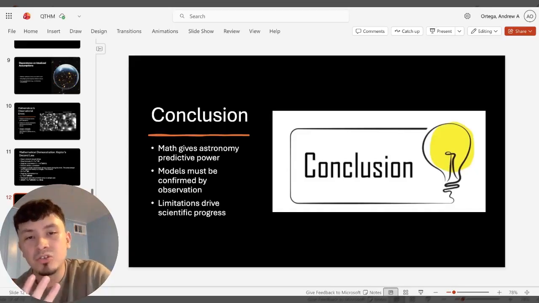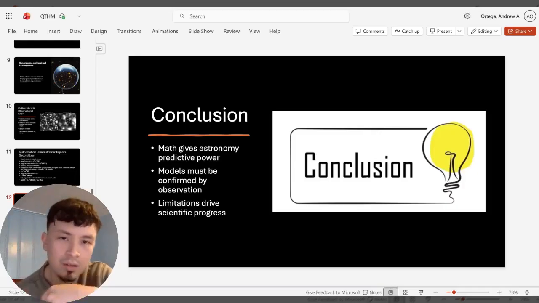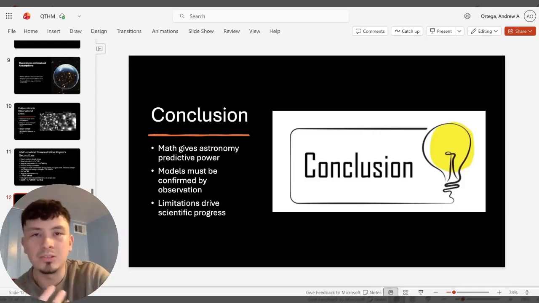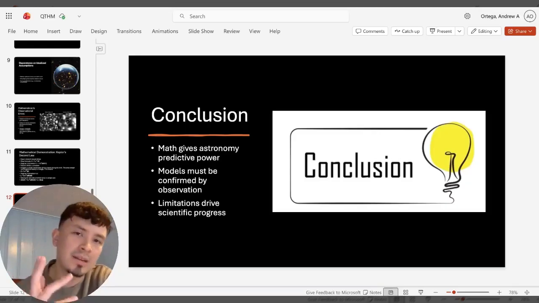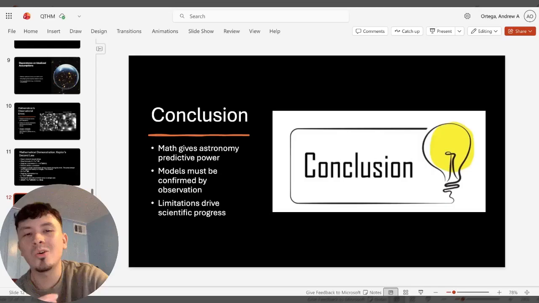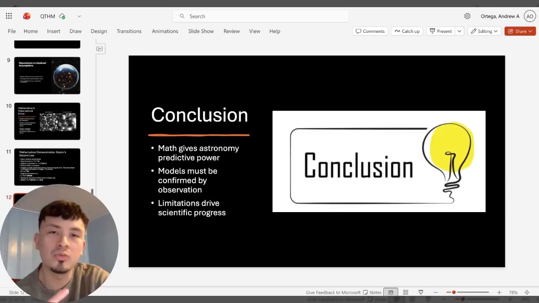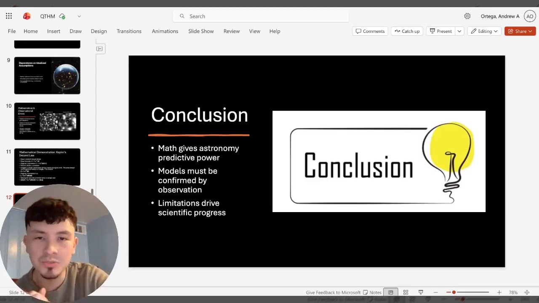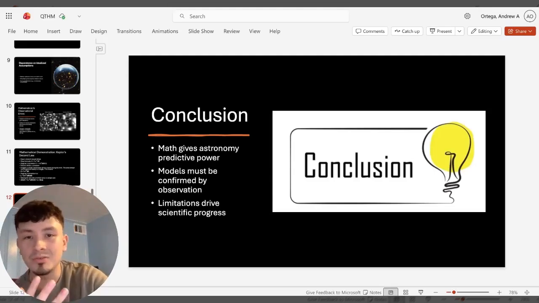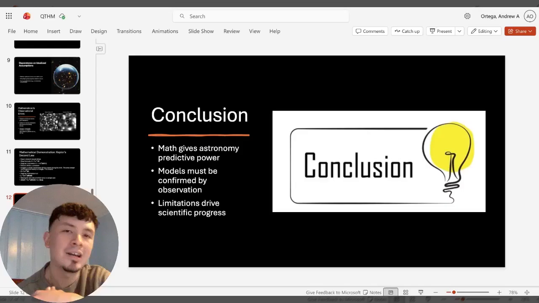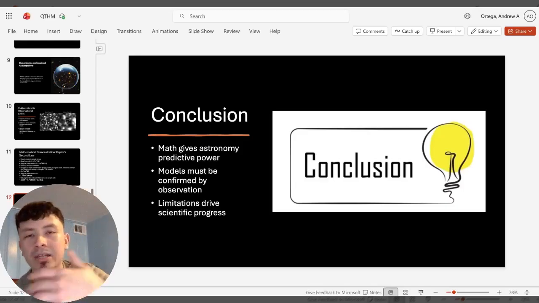And Kepler's law shows the power of mathematical reasoning, the way we can connect mathematics to astronomy, but it also reveals its limits. It also reveals that it is very much based on assumptions, especially when equations outrun the data that is available to us.